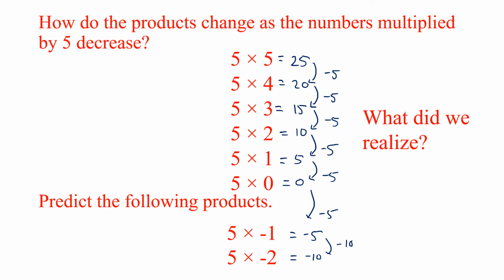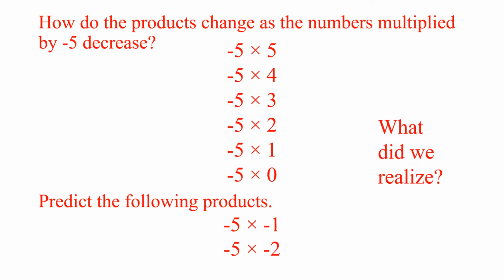And we were able to predict that when we're multiplying a positive by a negative, it is going to be a negative. So that's important to know: when you multiply a positive with a negative, you will get a negative.